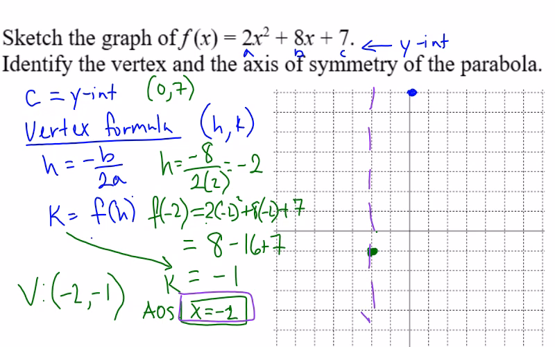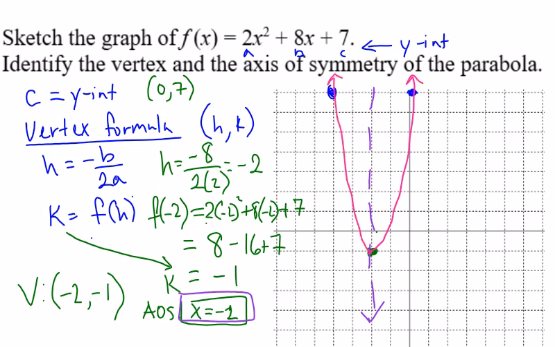The nice thing about knowing the axis of symmetry now is we have this y-intercept right here. And so now we can mirror that across the axis of symmetry, right? So right here is the mirror of that, okay? And then now we have a couple points, we know it's going to be a parabola, so it's going to be something like that, right? And then the same thing on the other side.